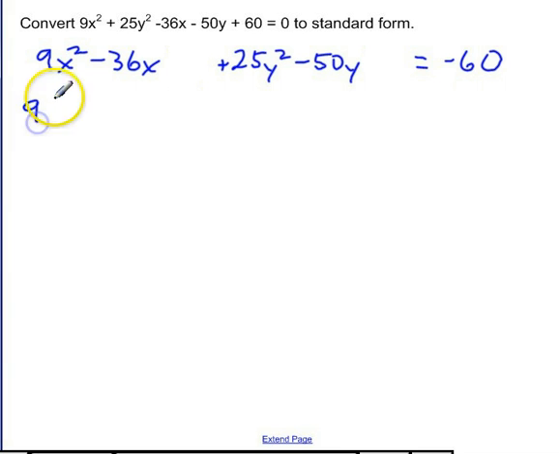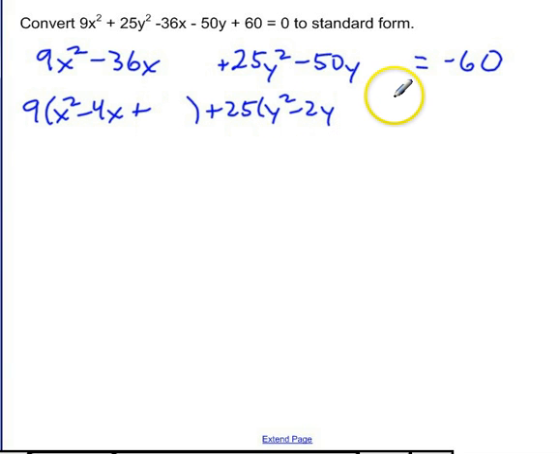I'm going to factor out a 9, and a 25 from the y terms, and I bet you know what we're going to do. We're going to complete the square inside the parentheses.